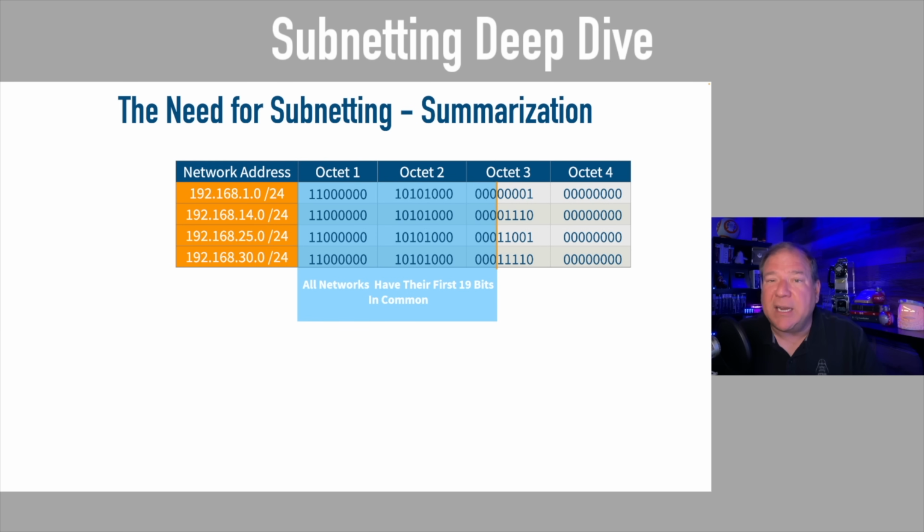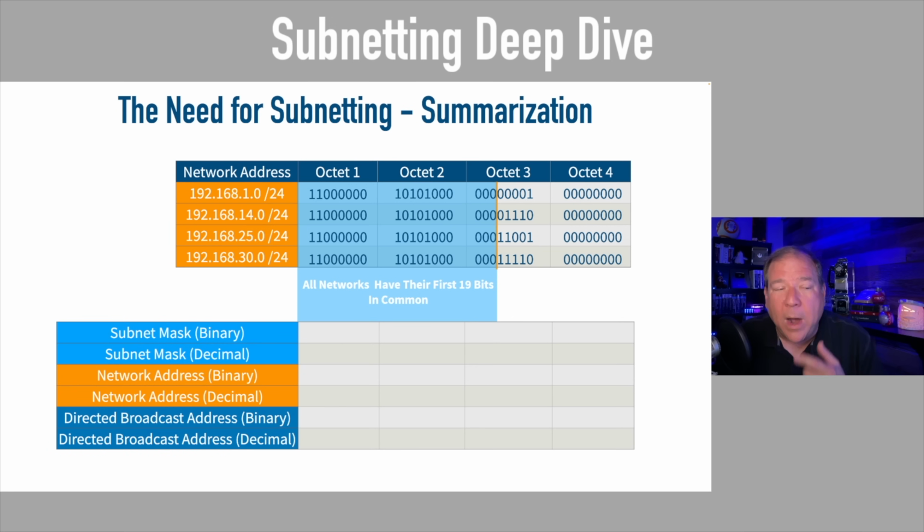So instead of sending 4 different advertisements, what if I advertised just one network with a /19 subnet mask? Here's what that would look like. If I had a subnet mask with 19 bits in it, and I say the first 19 bits represent the network, in decimal, what would that look like?